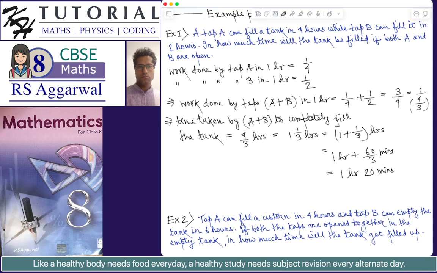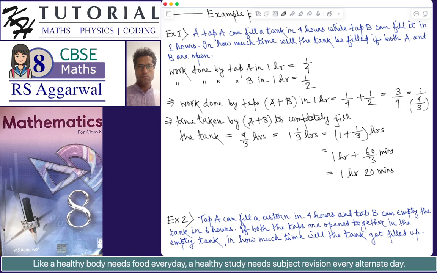Okay. So the idea was to first find the work done by tap A in 1 hour and the work done by tap B in 1 hour. Since both the taps are filling the tank, the work done will be positive. Now we need to find the total work done by taps A and B in 1 hour, which is 1 by 4 plus 1 by 2, which is equal to 3 by 4. Now 3 by 4 we have written in the form of 1 by n, where n is 4 by 3.